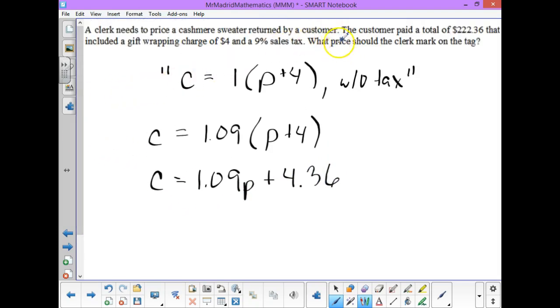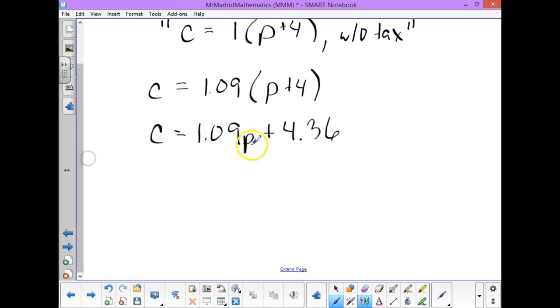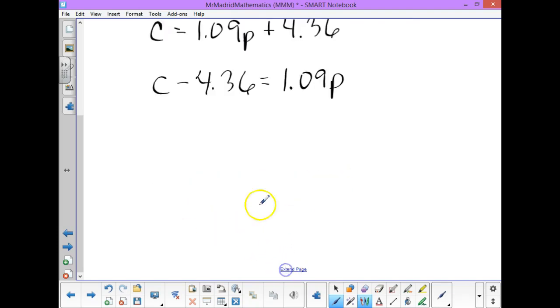Now again, it's always important to go back to the question. They're looking for P, the price, so now I'm looking to isolate. Okay, so I'm going to subtract the 4.36. So I got C minus 4.36 equals 1.09P. Right?